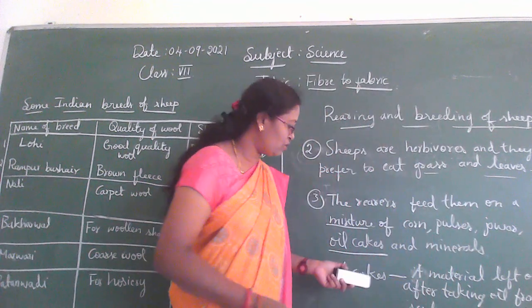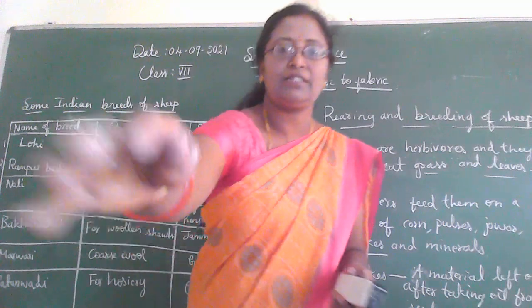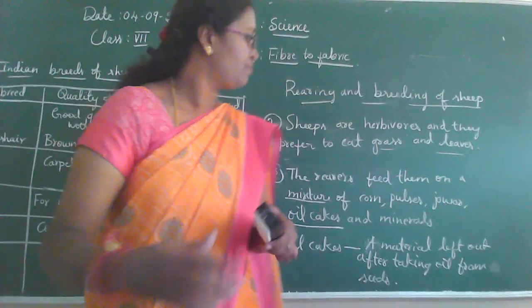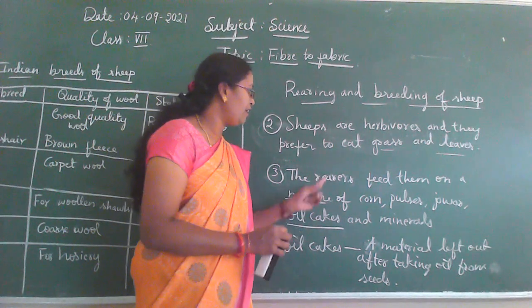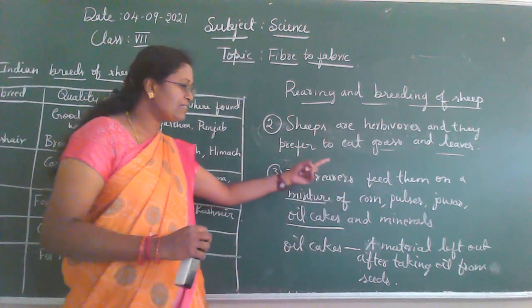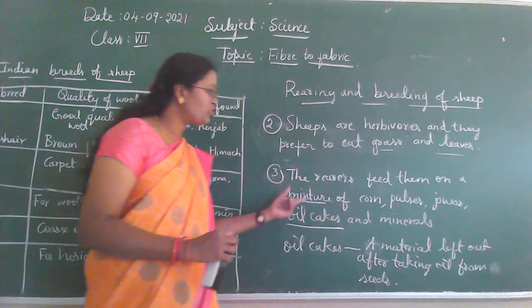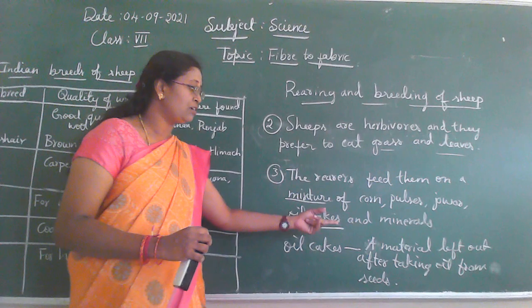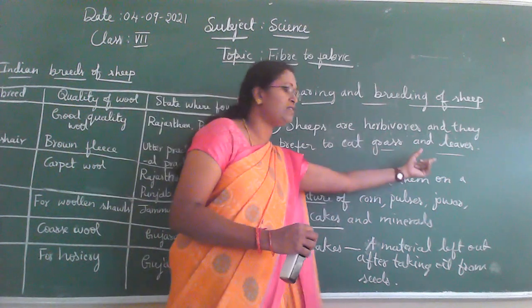So that we call oil cakes. See children, the rearers feed the sheep on a mixture of corn, pulses, jowar, oil cakes and minerals. I told this apart from grass and leaves.